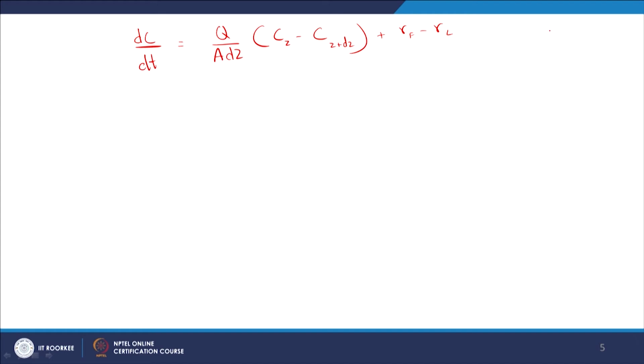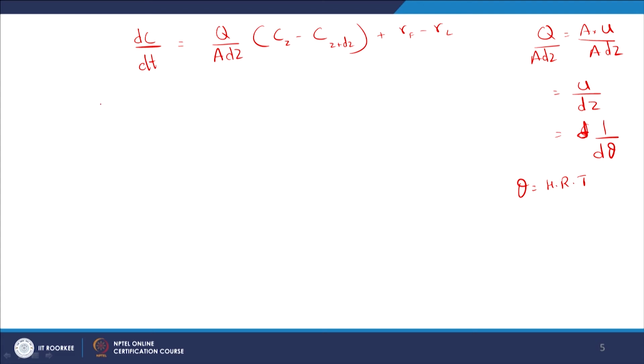And we just mentioned that q is equal to area into velocity, and so q by A dz is equal to u by dz, and that is equal to 1 by d theta. And here we have a new term. What is theta now? Hydraulic retention time, right. That is what we have here.